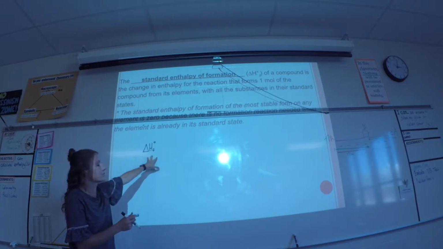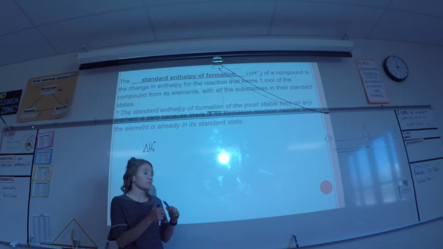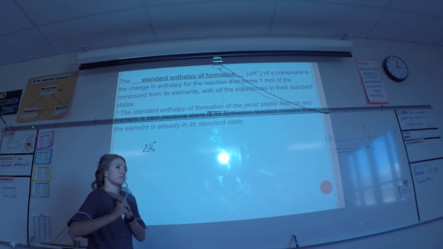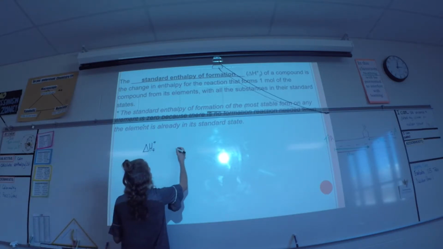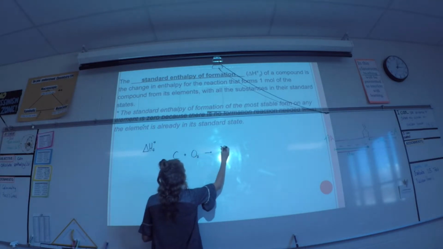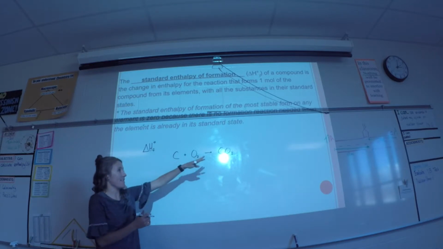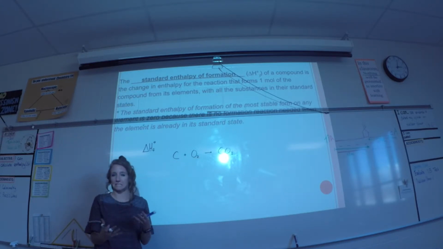What an enthalpy of formation is, it is telling you the reaction for the simplest way of forming something from just its elements. So for example, the enthalpy of formation for CO2 would be carbon plus oxygen makes carbon dioxide, right? And then the enthalpy would be how much heat that process takes.